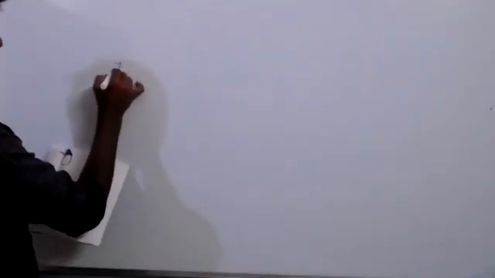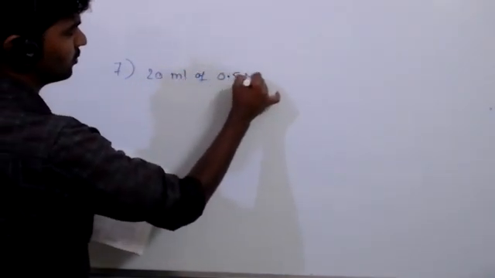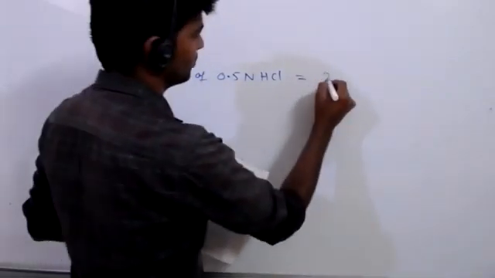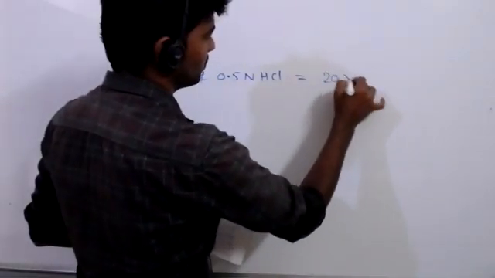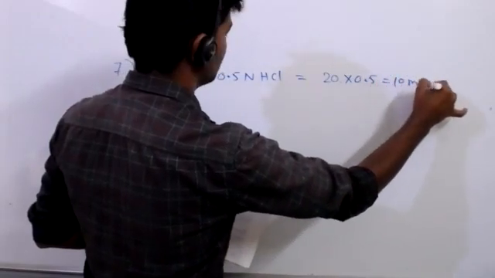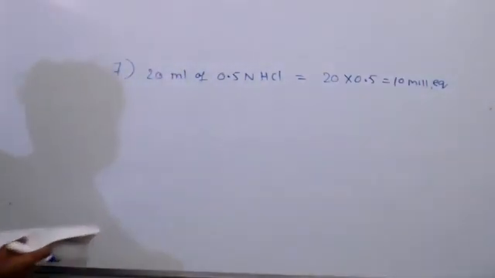One is 20 ml of 0.5 N HCl, equal to 20 into 0.5, 10 milli equivalents, because normality is given.